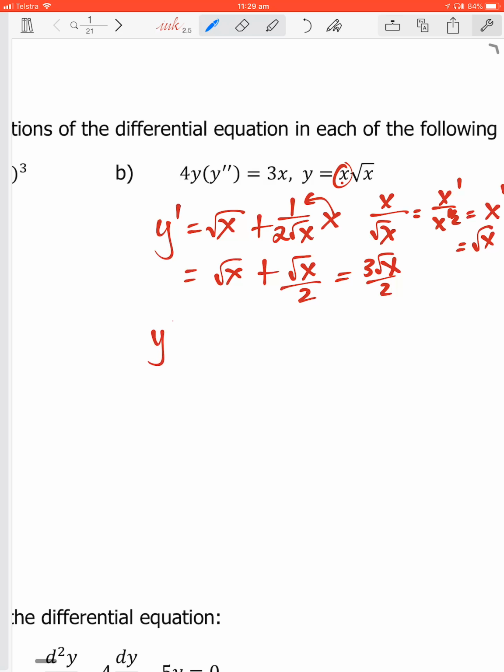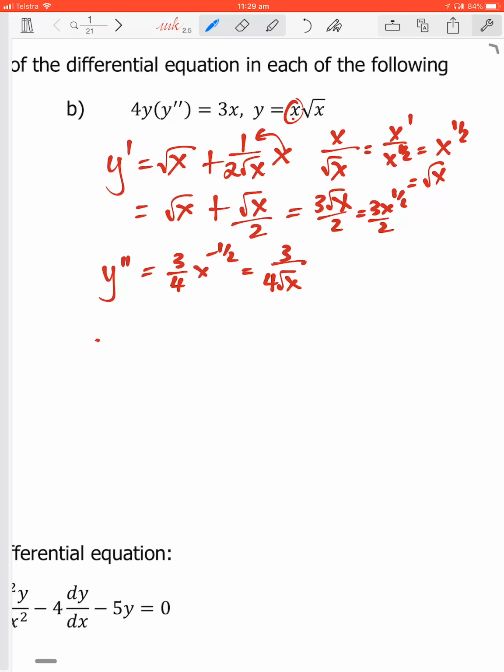Then we've got to double differentiate it, y double dash. When we derive this one, it's nice and easy. That was 3x to the half on 2, so when we derive it, we get 3 on 4 x to the negative a half, which is 3 on 4 root x.